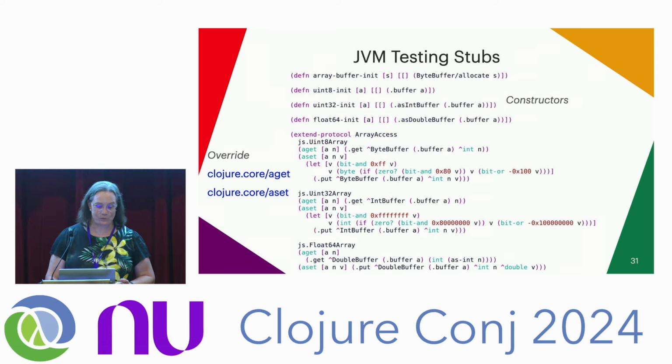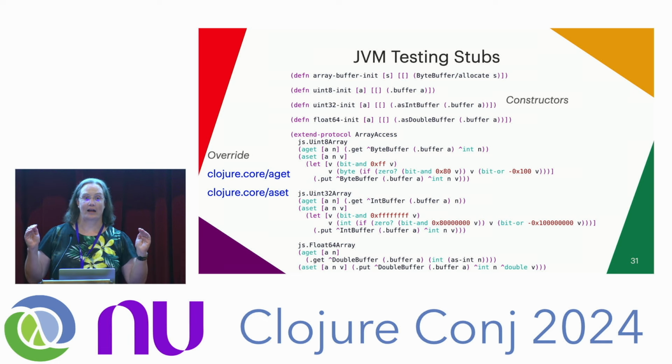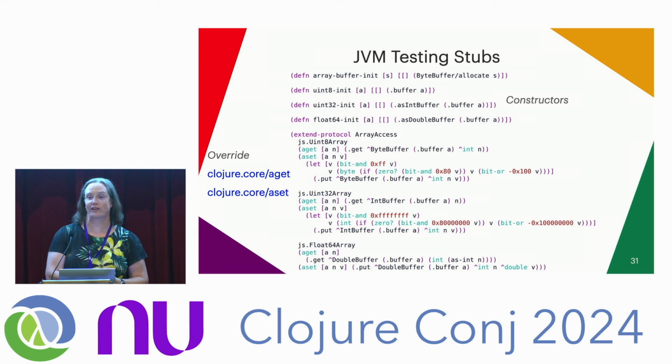So using that, we can do some constructors up the top there, where we just create a buffer, or we use asIntBuffer, asDoubleBuffer, which is all NIO operations, and then extend the protocol onto these classes now, and we handle the signed elements. Like, you can't put negative numbers in certain places. You know, we're looking for unsigned values that we want to work with here, especially for the uint8 and the uint32s.